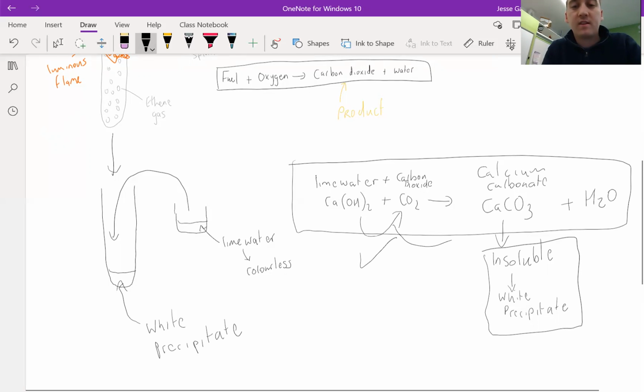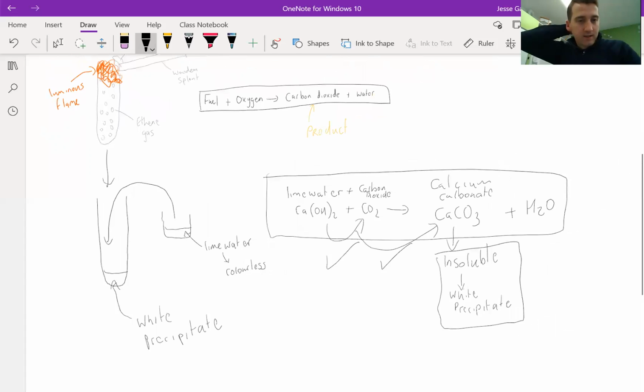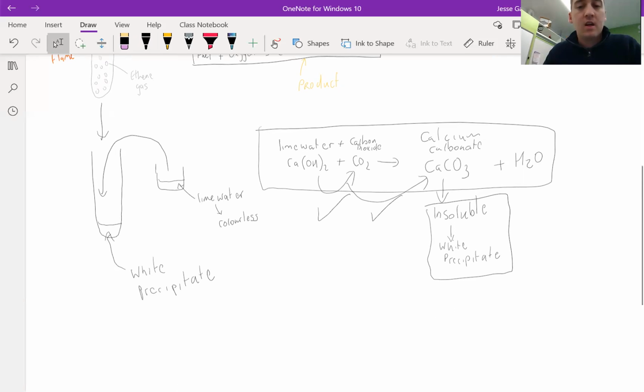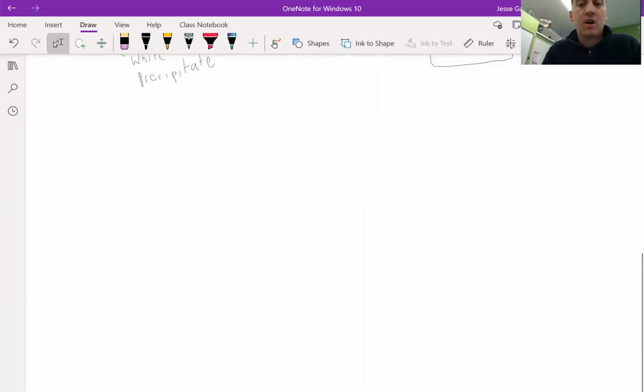So if carbon dioxide is there, you get the white precipitate formed, and if it's not there, you will not. That is the test for carbon dioxide. We do this after we have done a combustion test, to test that the product that has been made is carbon dioxide. Another test that we do on our sample of ethene is a test for unsaturation.